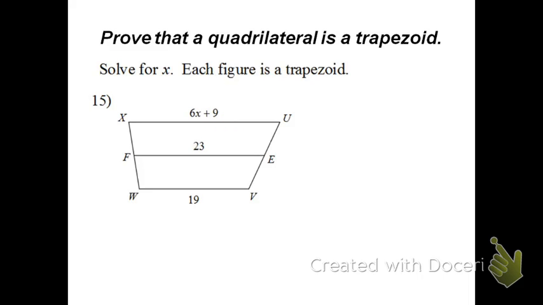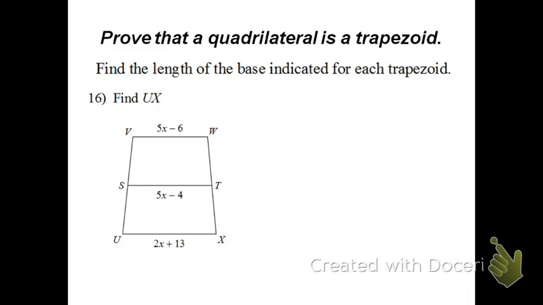To be determined. Well, this time we need to find the length of the base. So now we're looking for the actual length, which in this case, we need to find UX. UX is down below the 2x plus 13. Well, this one has 1, 2, 3 algebraic expressions.